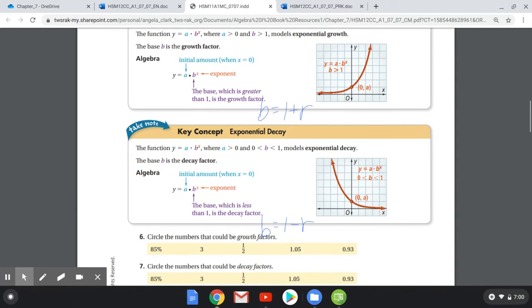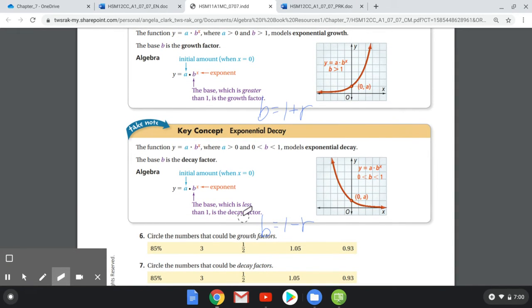Okay, so let's look at these. We're going to look at what would be growth and then what would be decay. Again, it's calling it a factor, so we're not adding or subtracting 1. This is just the number that we already have. So growth factor would just be B, not R. They've already figured out what B is. So 85% is 0.85.